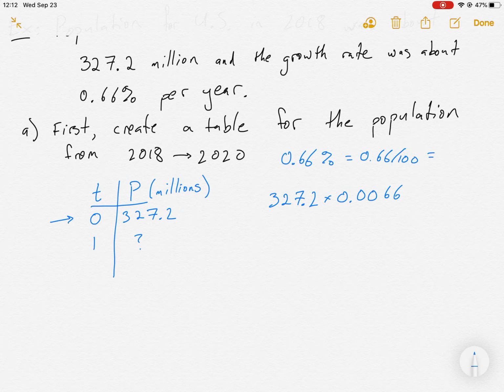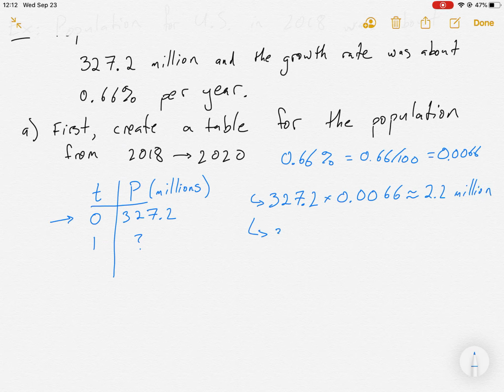So you're dividing by 100, and you end up with 0.0066. Okay, so back to the problem. We're trying to figure this amount out. So we take 327.2, and we're going to multiply that. I'm going to do that on my calculator. So when I do that, I get about 2.15, I'll call it about 2.2 million.